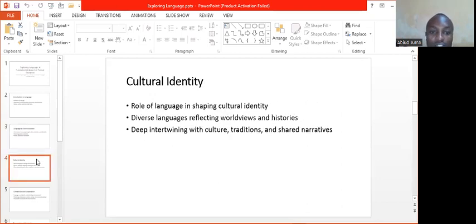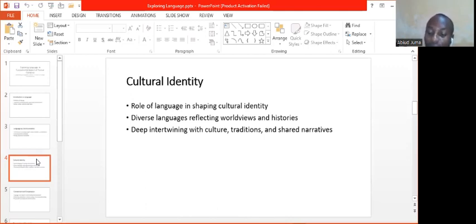On our fourth page is cultural identity, and I said earlier that every community has a different accepted mode of communication or language. Every community has its own language, and language does not necessarily mean spoken, but can also be non-spoken. So the role of language can be in shaping cultural identity.